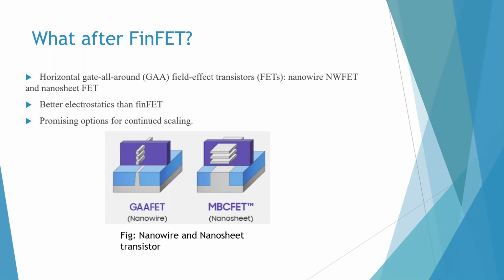Horizontal gate-all-around field effect transistors such as nanowire FET and nanosheet FET have better electrostatic performance than FinFET, and thus can be considered promising options for continued scaling.